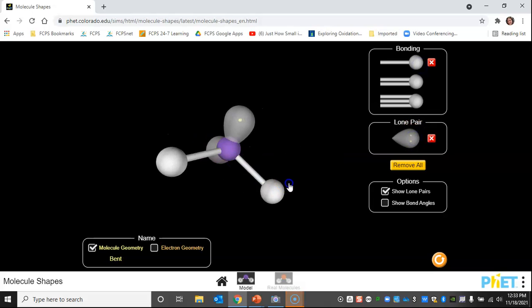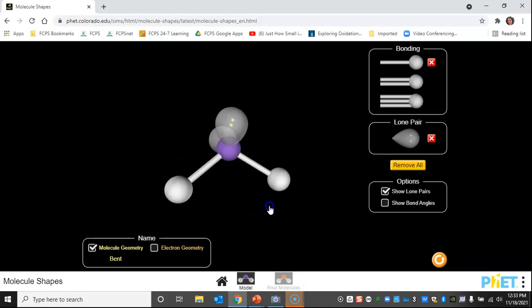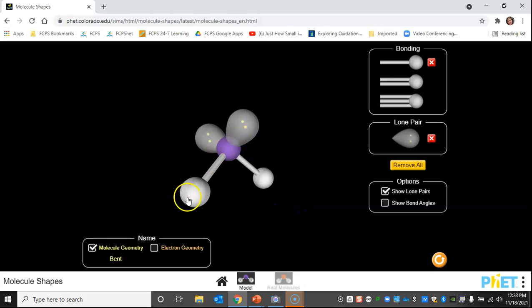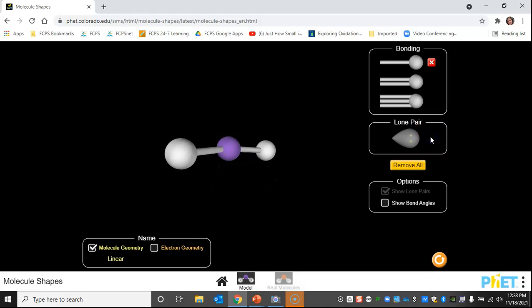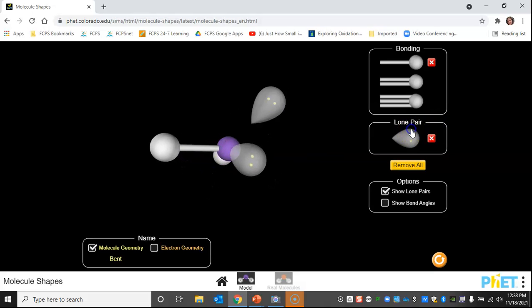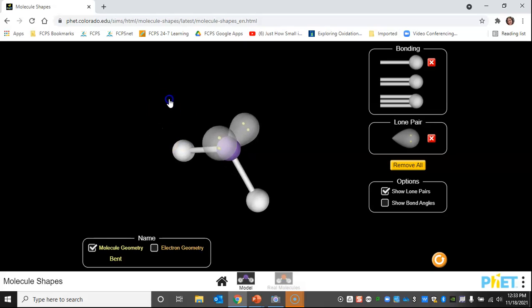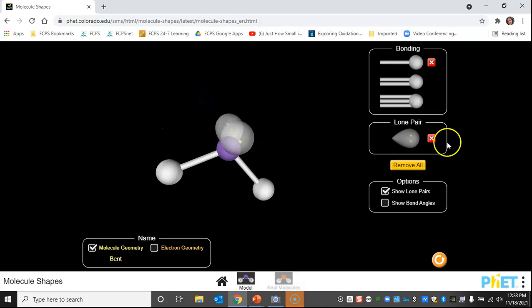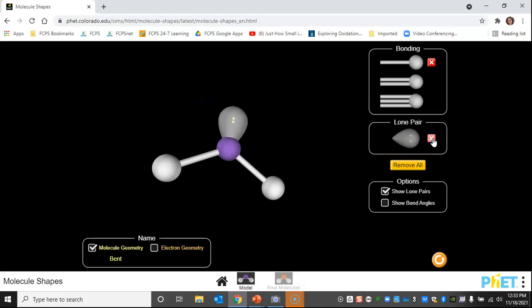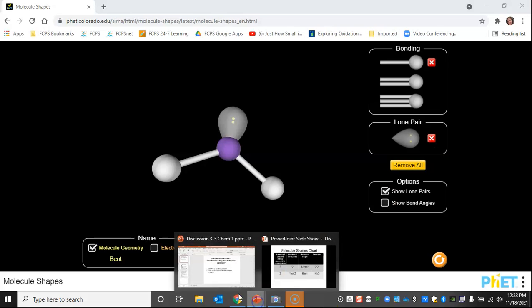So this has two bonded groups and two lone pairs, and so you see that the lone pairs push the bonded atoms into this bent configuration. So if there are no lone pairs, it would be linear, but when I add the lone pairs, they repel the bonded electrons. So whether there's one lone pair or two lone pairs, either way, it's still bent. The angles change slightly, but it's still a bent molecule.